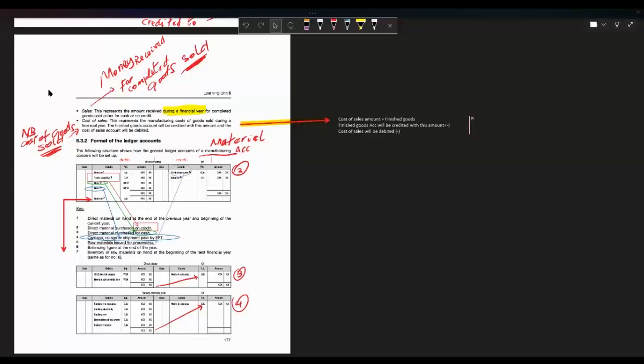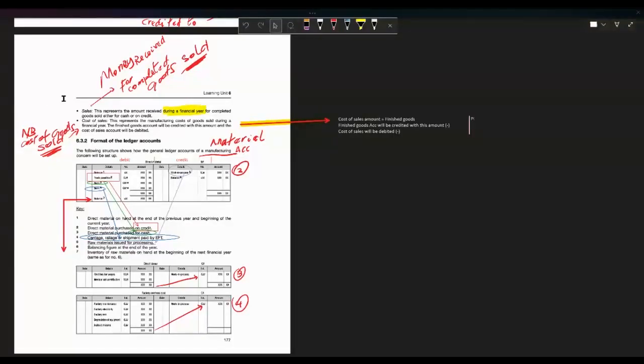So let's say that last year there was a production, they didn't use up all the material. So the material that was left last year will be our opening balance for this year, or this production period. So the opening balance, the closing balance is a very important element that you always need to bear in mind.